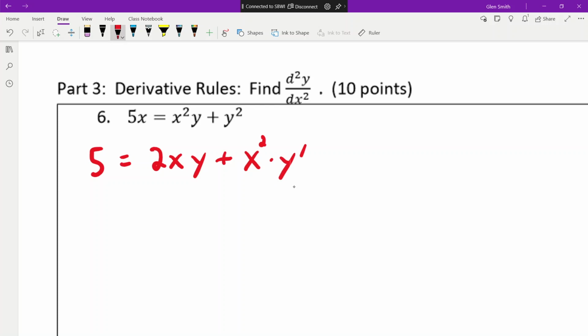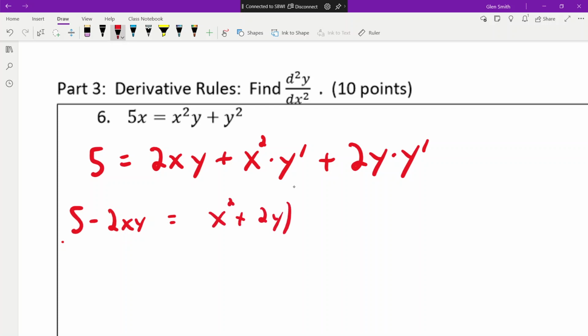The product rule says derive the first, leave the second, plus leave the first, derive the second, y prime, or dy dx, whatever you want to write there. Plus the derivative of y squared is 2y y prime. A lot of people made really simple mistakes here, but if you don't get that, you're not going to get the second derivative.